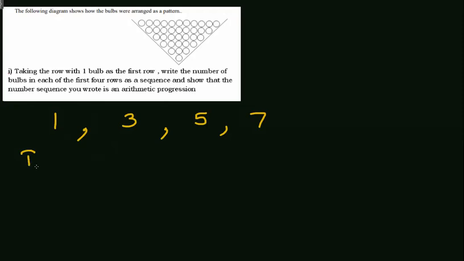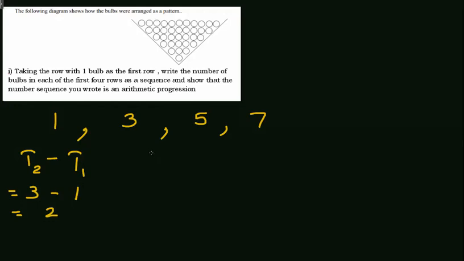T2 means second term, minus the first term. So what's T2 minus T1? T2, the second term, is 3, and the first term is 1. 3 minus 1 is 2.